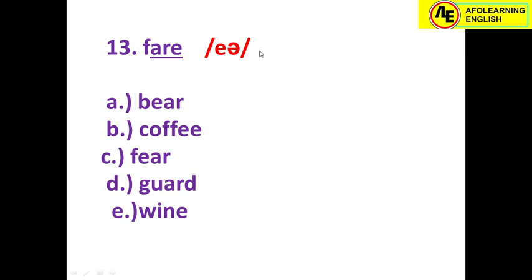The air diphthong is often represented by AIR, ARE, and on a few occasions it can be represented by EAR, in words like pear and bear. Okay, so when we have air, let's look at the options. Option here we have bear. Yes, I just said bear.